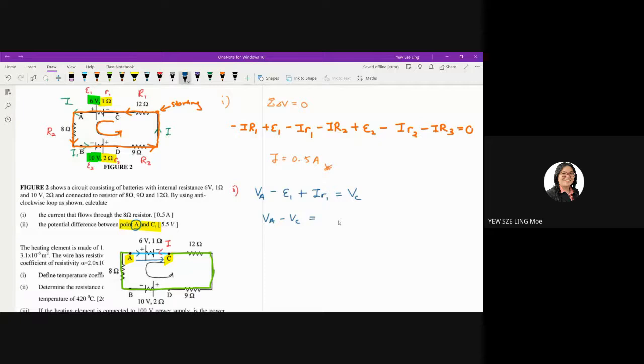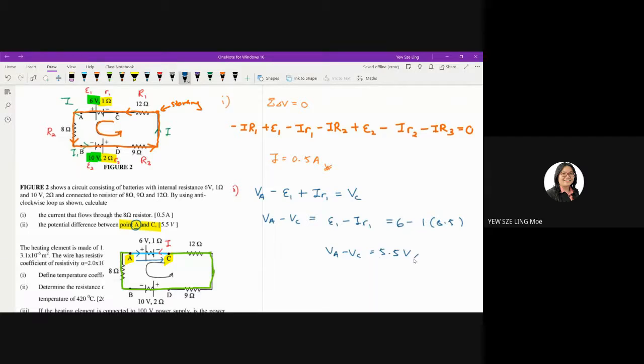VA minus VC is then equals EMF1 minus IR1, which is the terminal potential difference, the terminal voltage of battery 1. We should then have 6 minus 1 times 0.5. So the answer VA minus VC should give you 5.5 volt.